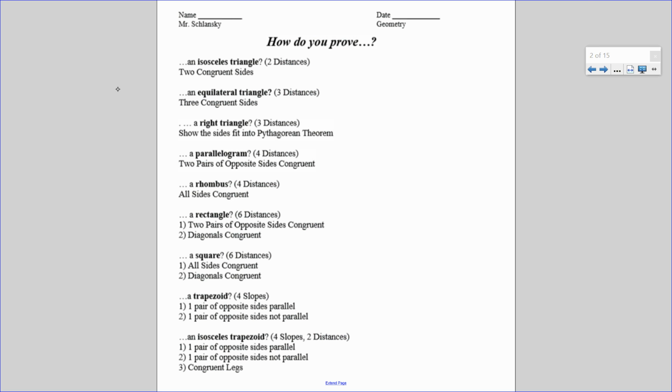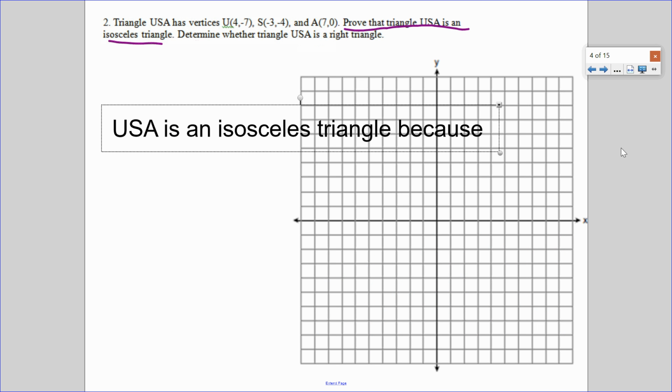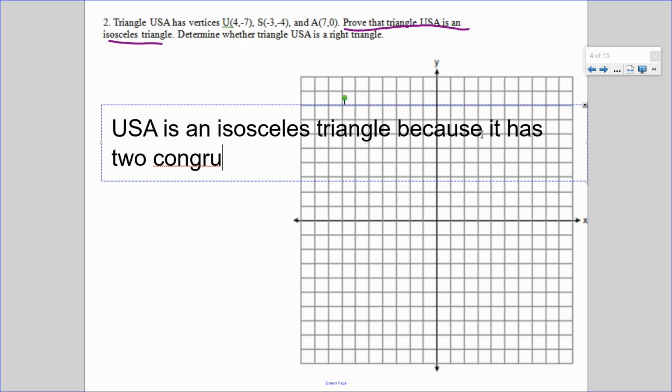It's an isosceles triangle because it has 2 congruent sides. Now we're going to hold off on the right triangle part for now.